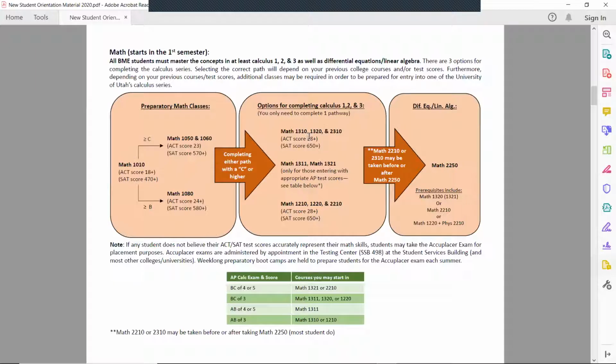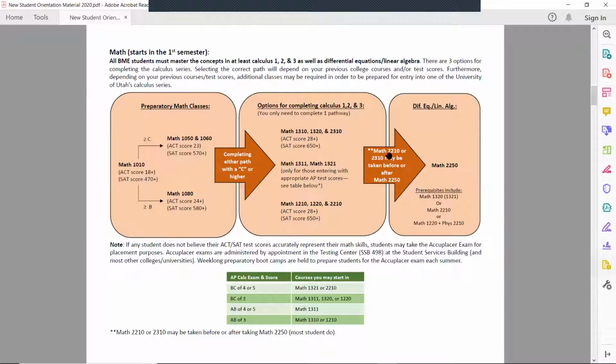It's actually been demonstrated in the grades received in Math 2250. The students that have gone through this path get much better grades, like a whole letter grade better in this class than students that have gone through this path. So take this path. It's a harder path, but it gets you better prepared for this. And so being prepared, like I said, is really foundational and going through this pathway helps do that.